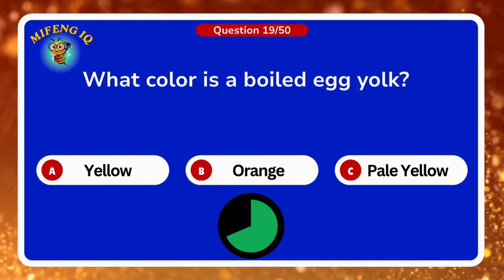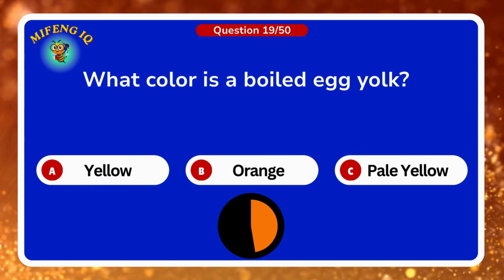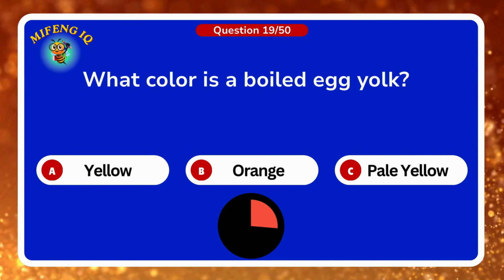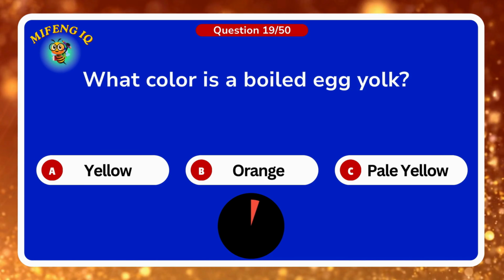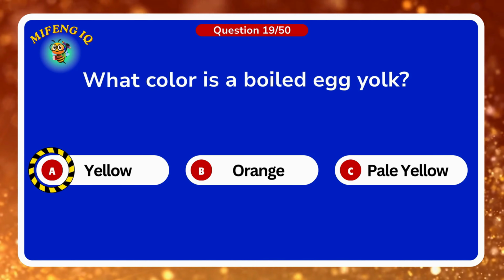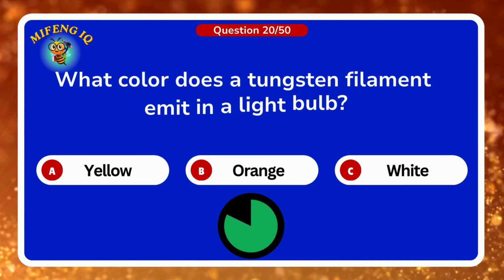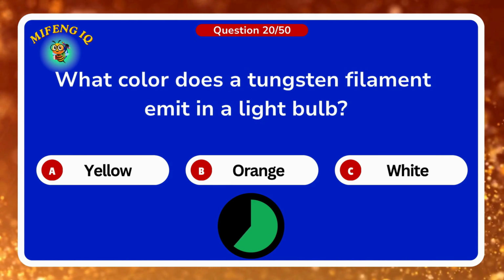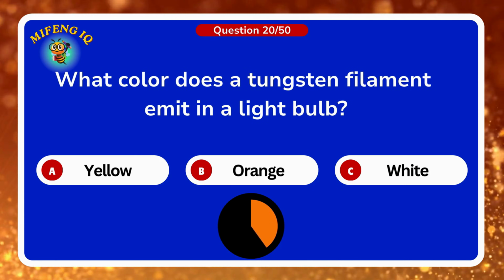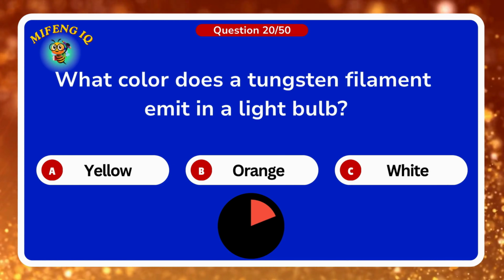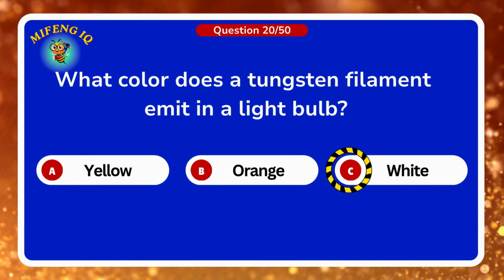Color of a boiled egg yolk. Yellow. What color does a tungsten filament emit in a light bulb? White.